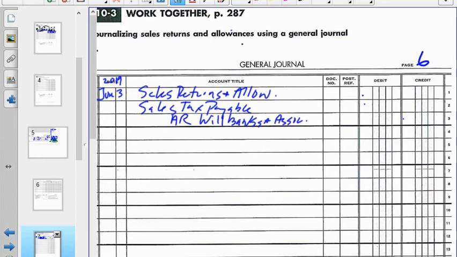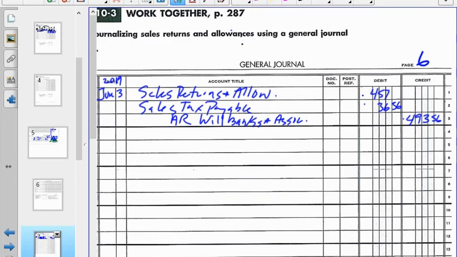So we're going with $457, the amount of the sale that's coming back, but there's also $36.56 in tax attributed to that $457. So their total accounts receivable is going to be reduced by $493.56. Next transaction is going to be granted credit to a company called Westfall High School for damaged merchandise, $67.